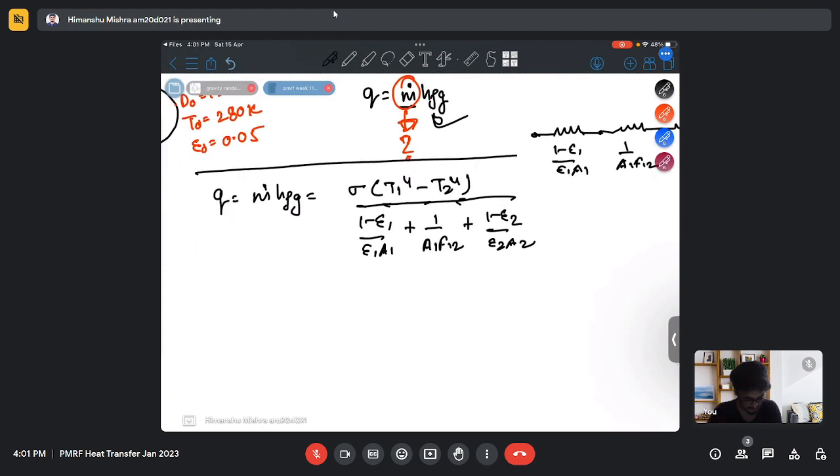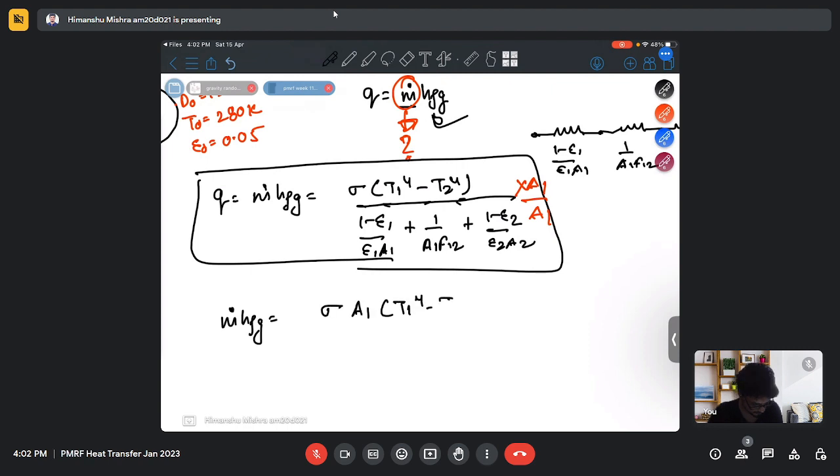So this is my general heat transfer relation. Now again I can multiply and divide it by A1 here. So I will get sigma A1, and you can just cut both A1 here. Here it will be just 1, and here it will be A1 by A2.